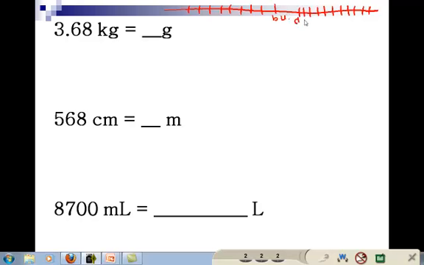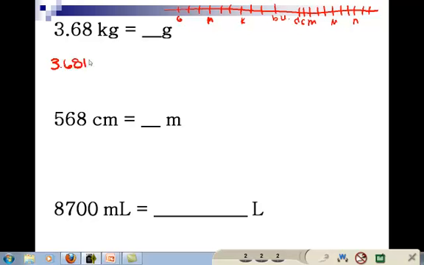This is deci, centi, milli, micro, and nano. And kilo, mega, and giga. Okay, so now what we're looking at is this. If I've got 3.68 kilograms, and I want to know how many grams it is, here's how you must set this up.